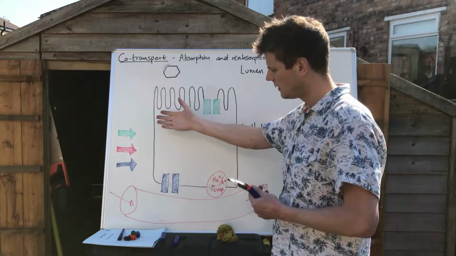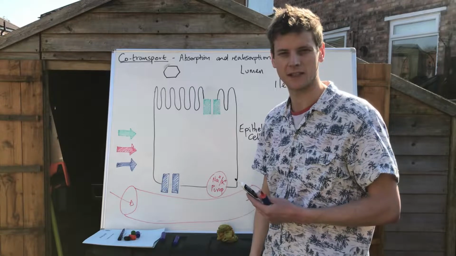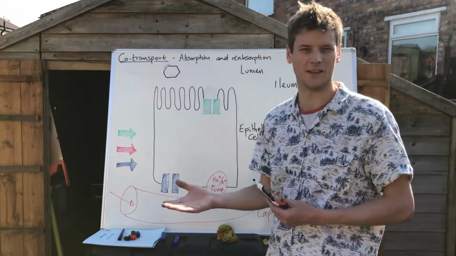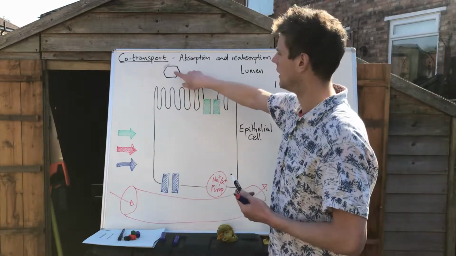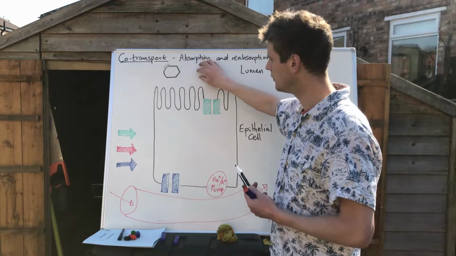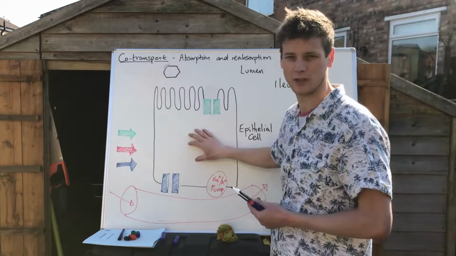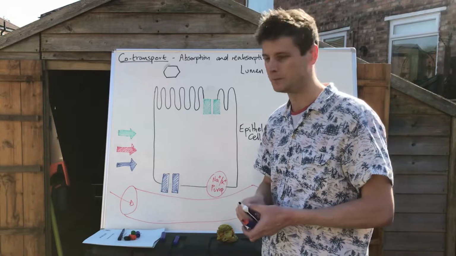Absorption can take place by facilitated diffusion for a certain period in the small intestine, but that stops once the concentration gradient of glucose from the lumen becomes equal to the concentration of the glucose in the epithelial cell and the blood, so when we reach that equilibrium.